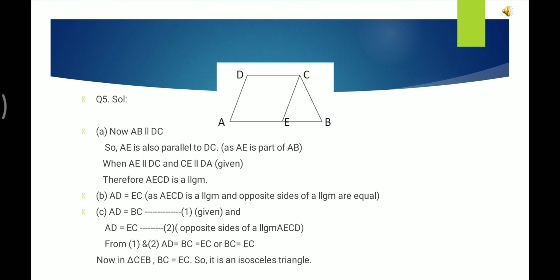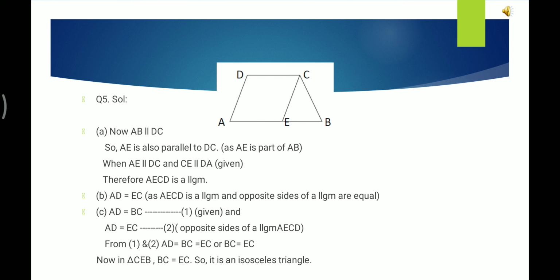Now, focusing on the given figure, we find that AB is parallel to DC, that is given. So AE is also parallel to DC as AE is part of AB. When AE is parallel to DC and CE is parallel to DA, that is given, therefore figure AECD is a parallelogram.